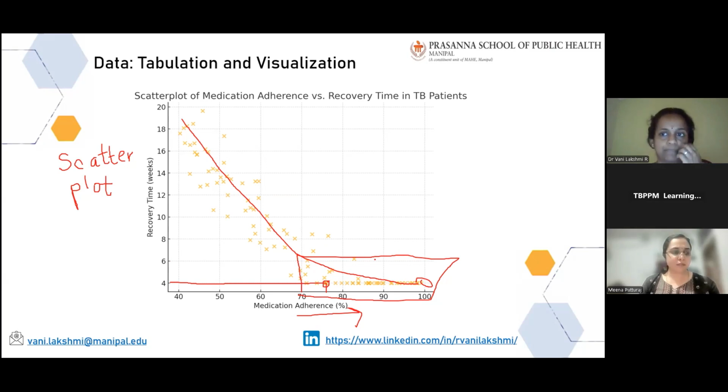So suppose the intervention is for 20 days. If you follow the medicines for 14 days, you have a very high chance of recovery within 6 weeks.